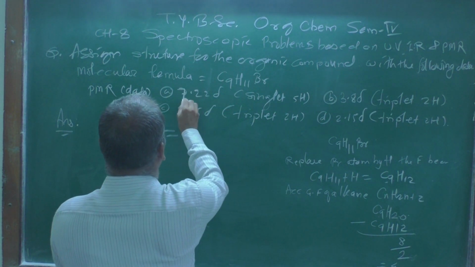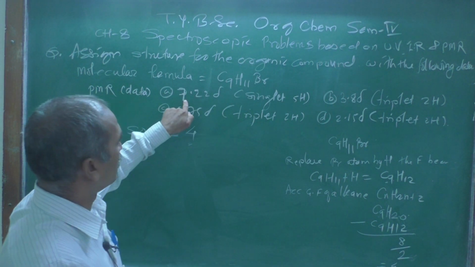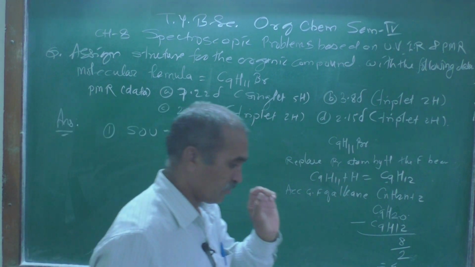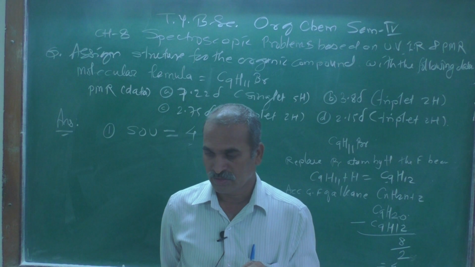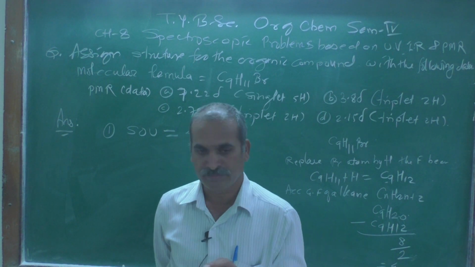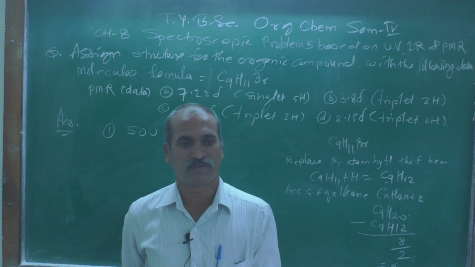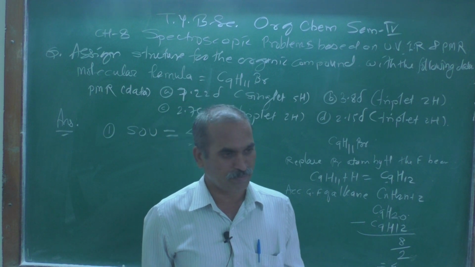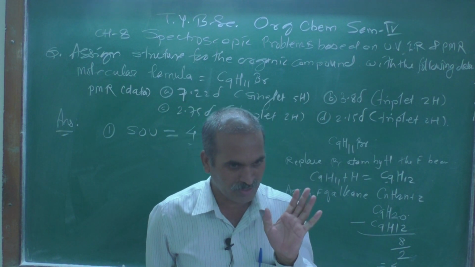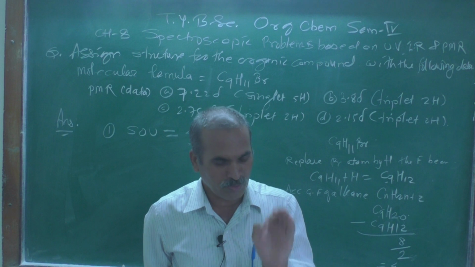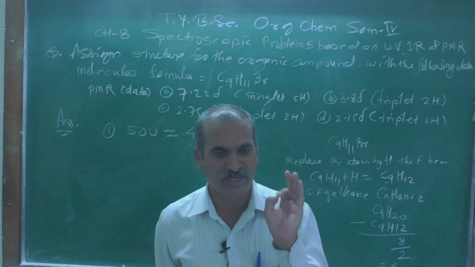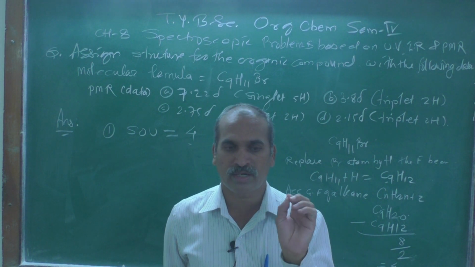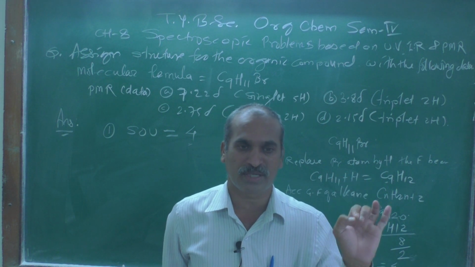Look at the signal's chemical shift value. At the beginning, while studying the application of PMR in organic compounds, we learned that the position of the chemical shift clearly indicates what kind of protons are present.